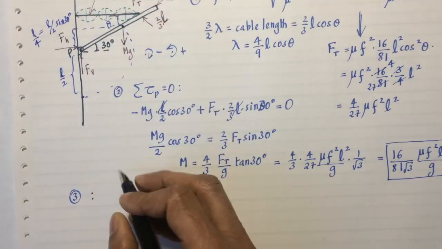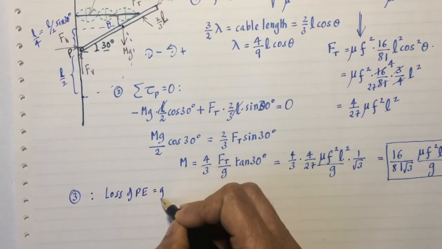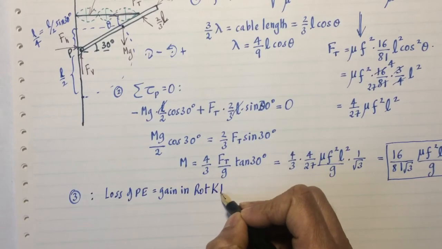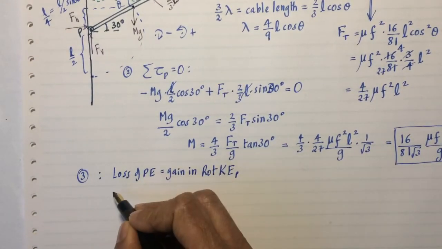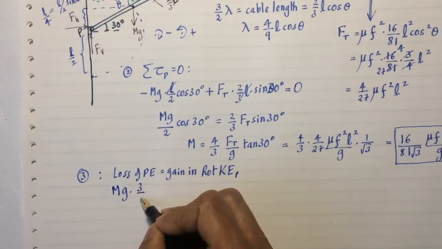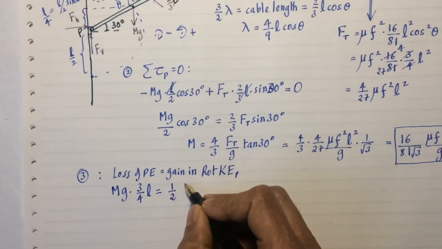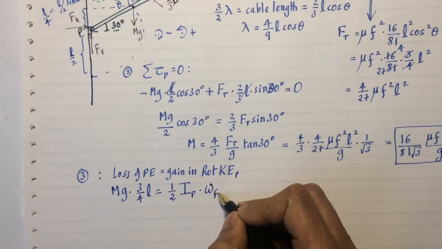So the loss of potential energy must be equal to the gain in rotational kinetic energy about the pivot P. That's our technique. So I'll write this as the mass of the rod times g times 3/4 L, and the rotational kinetic energy gain is 1/2 the moment of inertia of the rod about the pivot point, omega final squared.